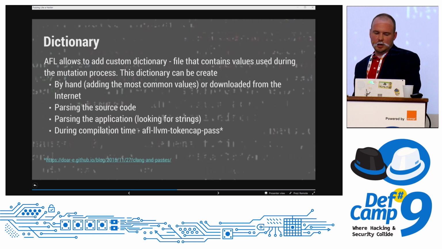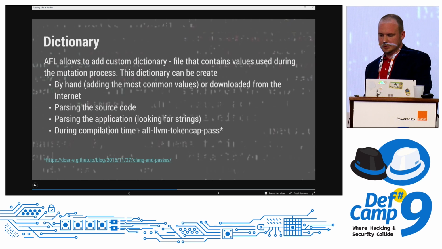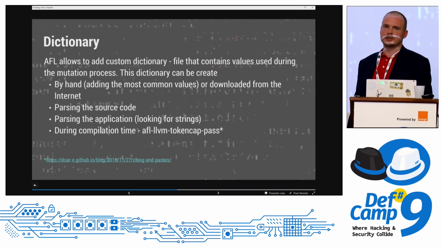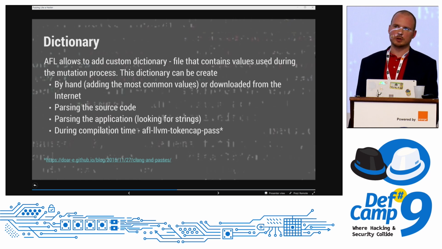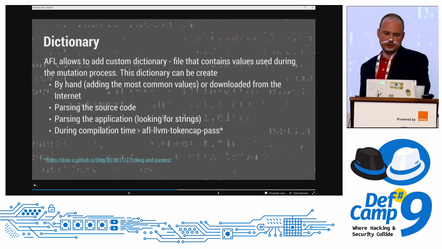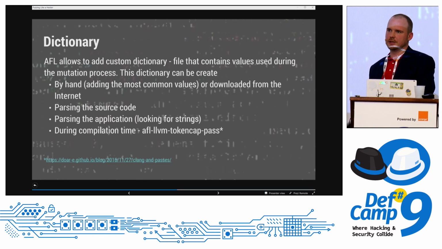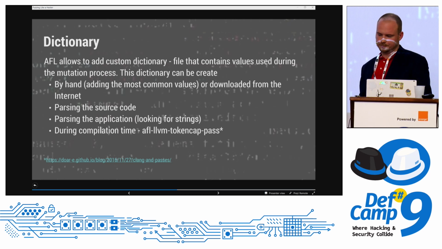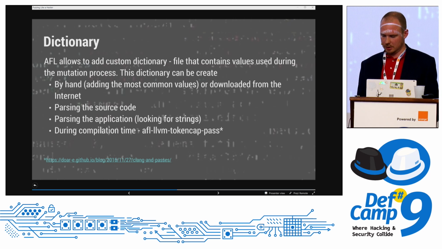Or you can do it during compilation time. There is a nice plugin called AFL LLVM token cap pass, which is used for generating dictionaries. While the application is compiling, it takes all the ifs, all the string compares and memory compares, and dumps everything to one file. Here is the link for it, and you can test it if you want.